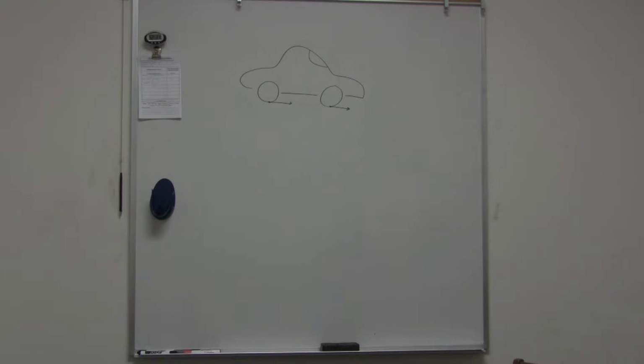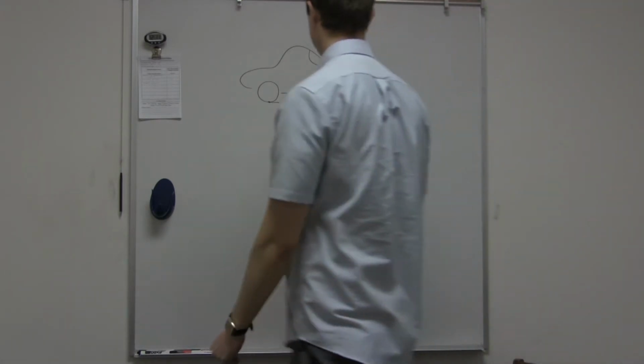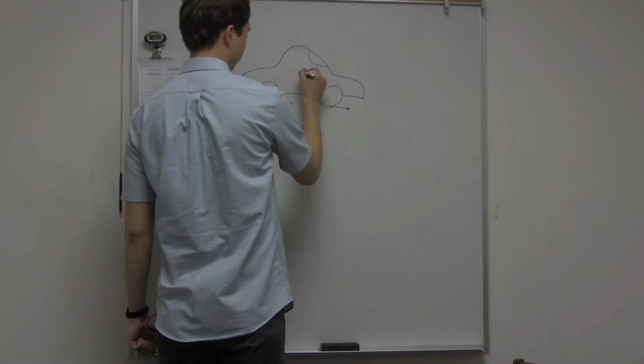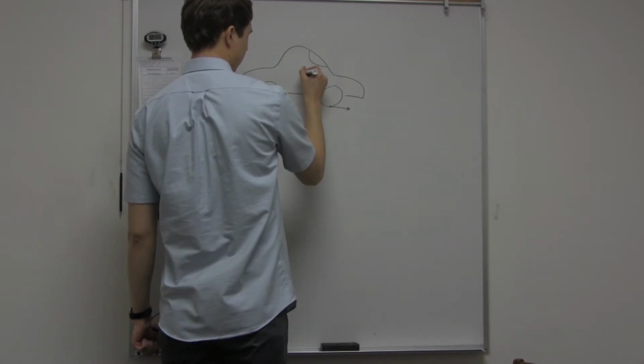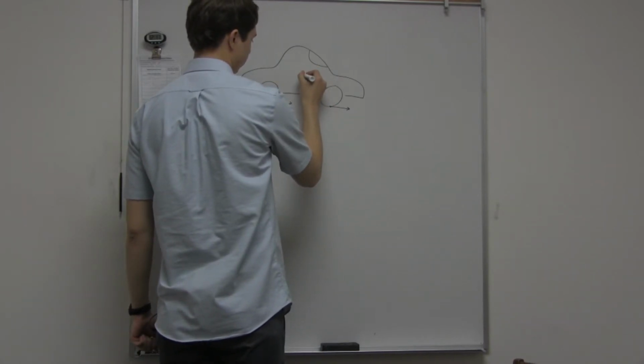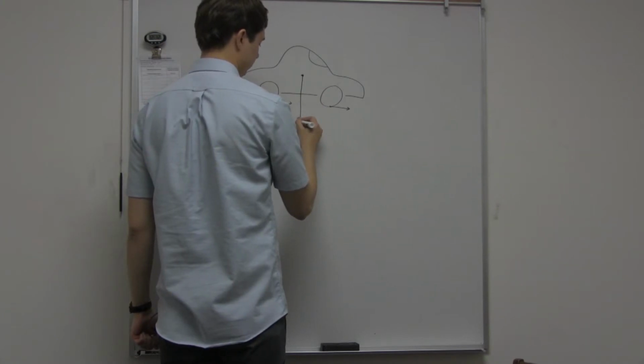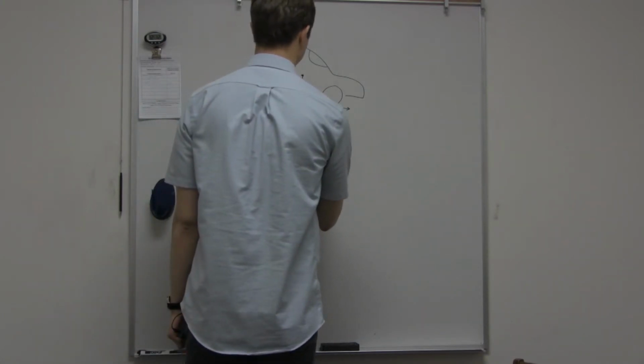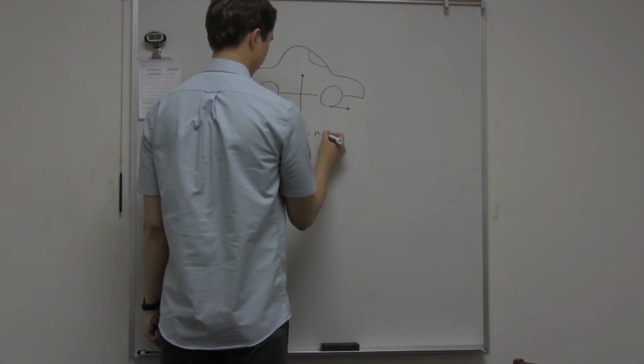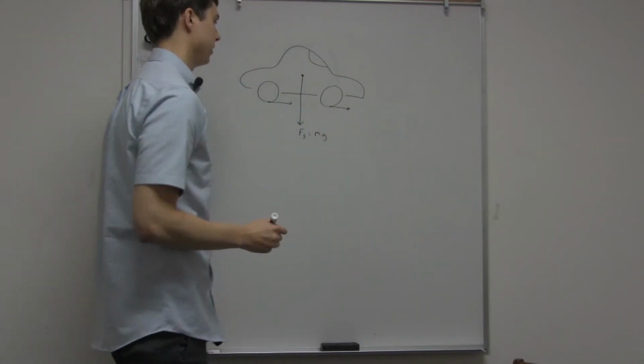Okay. So we know that the car as a whole, including the wheels, has a mass of m. So the force of gravity equals m times g.